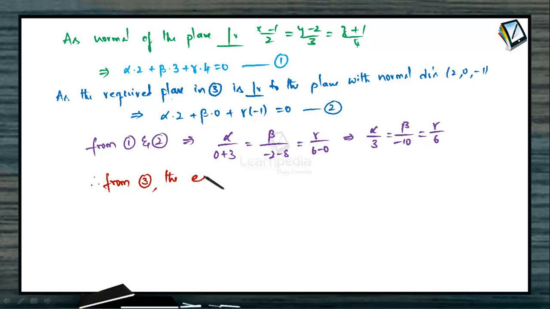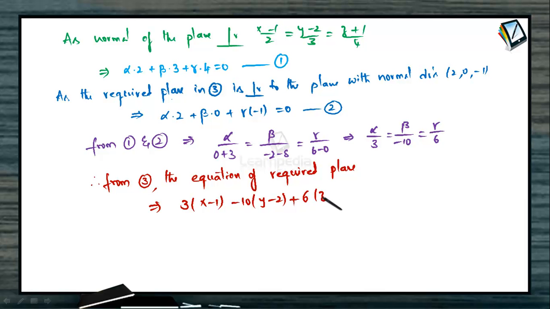The equation of the required plane is 3 times (x minus 1) minus 10 times (y minus 2) plus 6 times (z plus 1) equal to 0, or in simplified form it is 3x minus 10y plus 6z. How much is the constant? Minus 3 plus 20 plus 6, plus 23, equal to 0.